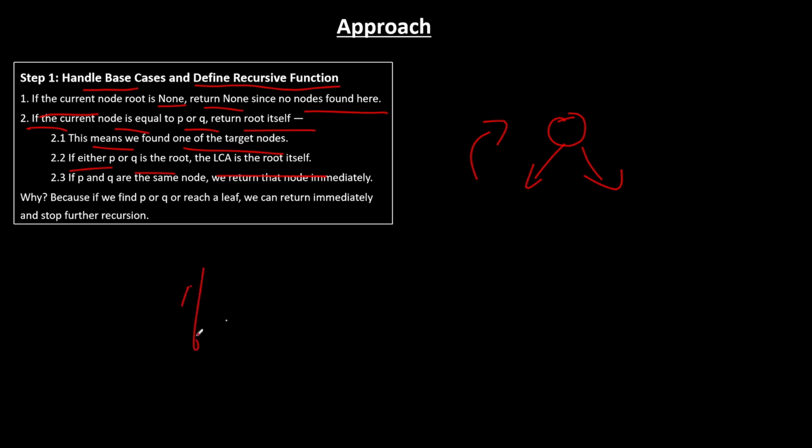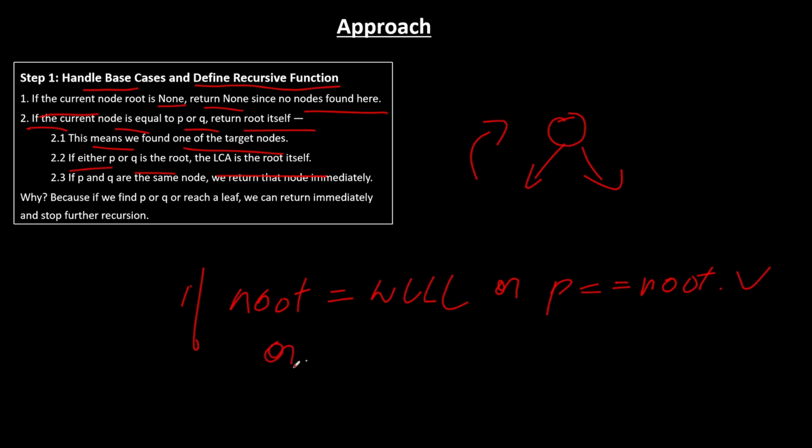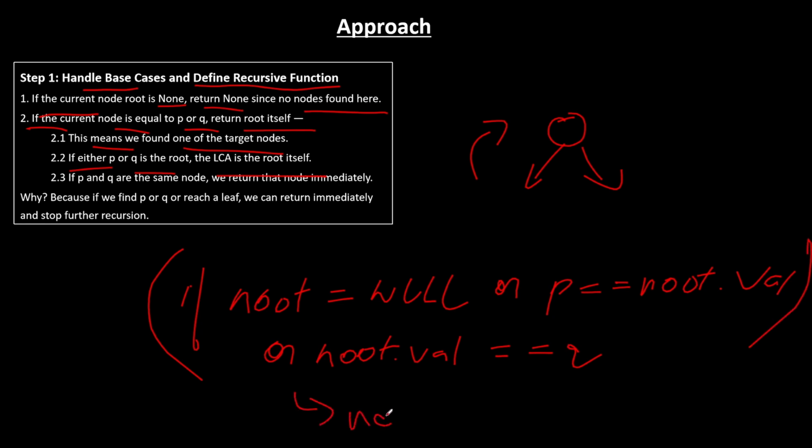So in code it will be: if root is null, or root.val equals P.val, or root.val equals Q.val, we just return the root itself.